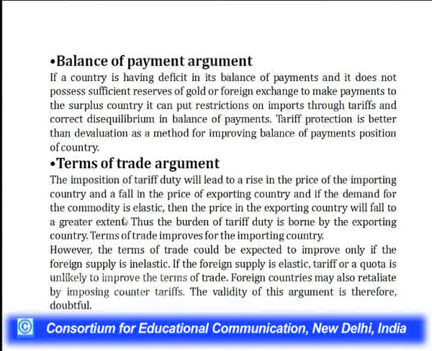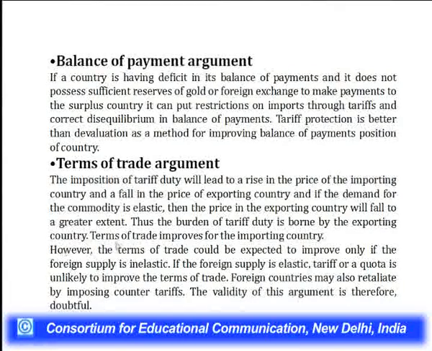And if the demand for the commodity is elastic, then the price in the exporting country will fall to a greater extent. Thus, the burden of the tariff duty is borne by the exporting country. Terms of trade improves for the importing country.